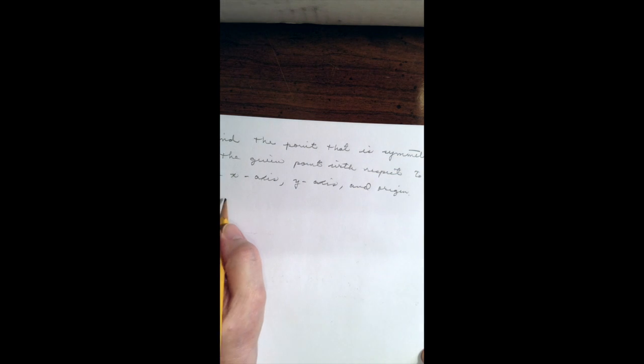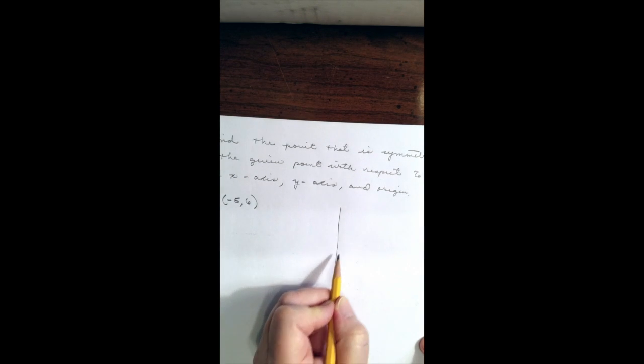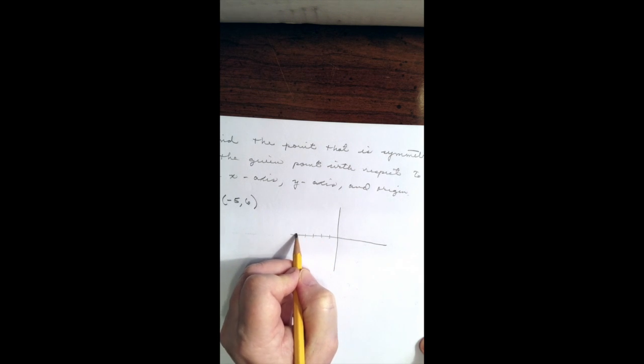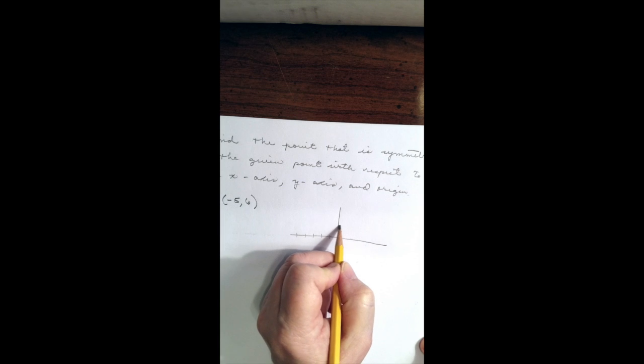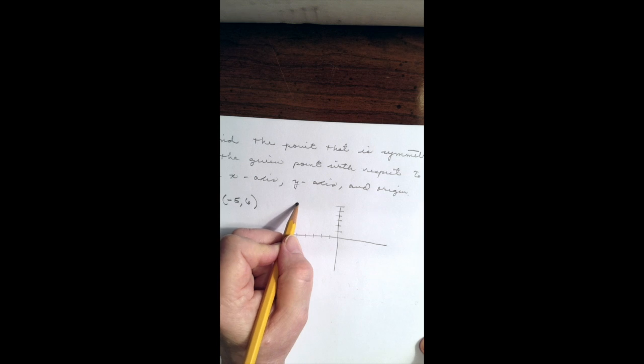So if I have the point -5, 6, it's helpful if we put that point on a graph. 1, 2, 3, 4, 5, -5, 4, 5, 6. And so here's our point.